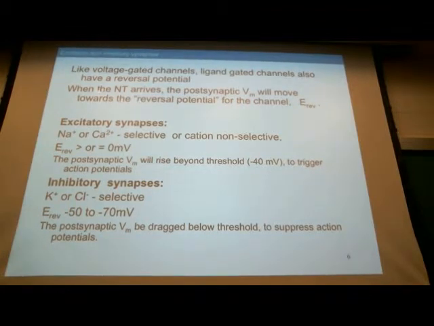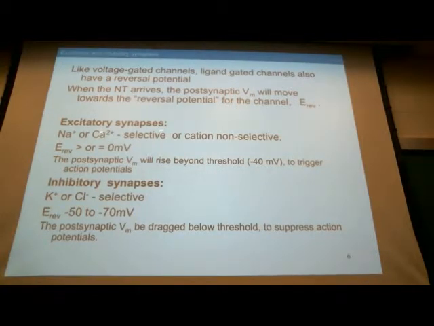So when you have neurotransmission, the postsynaptic voltage is going to move toward the reversal potential of the ligand-gated channel. Obviously it depends on what ions the channel is permeable to.